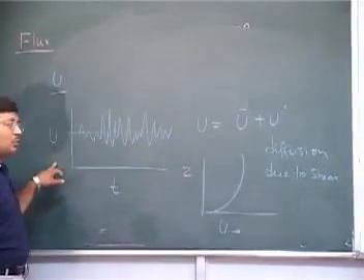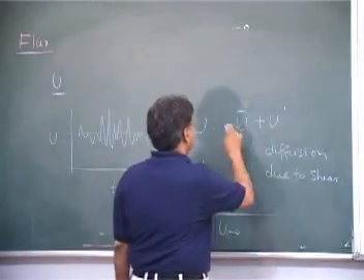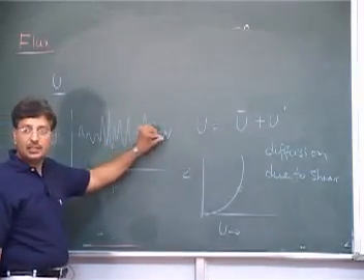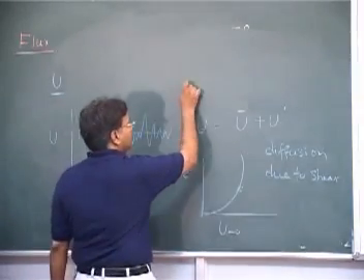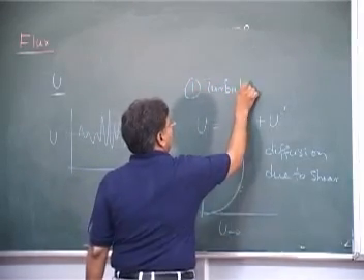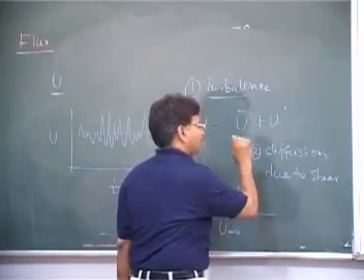So now what we want to say is that one diffusion is because of turbulence. If there was no turbulence, then you would get the straight profile. So the turbulence, and the second thing is diffusion.